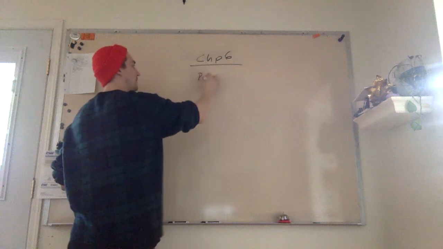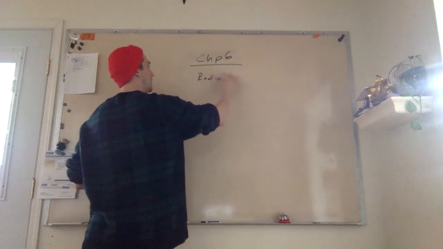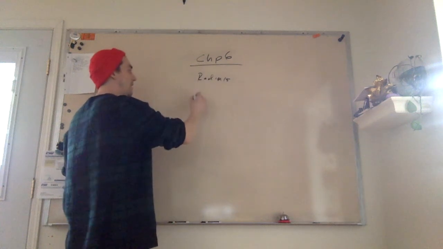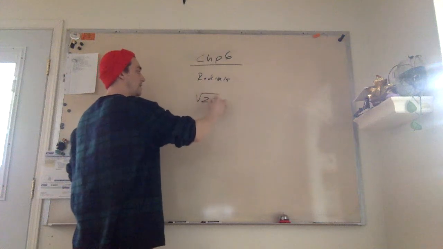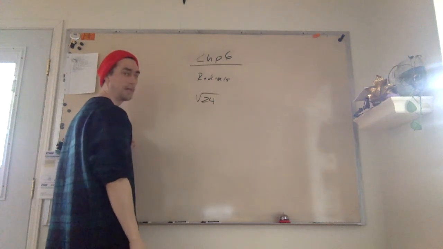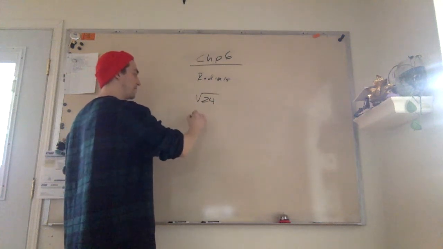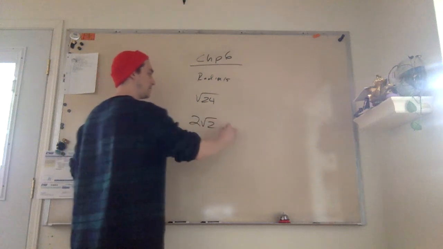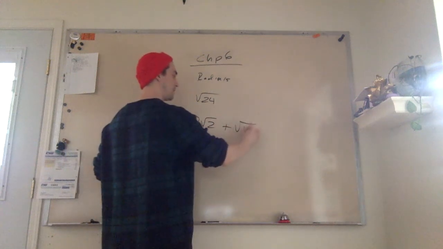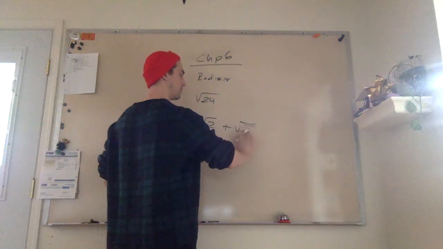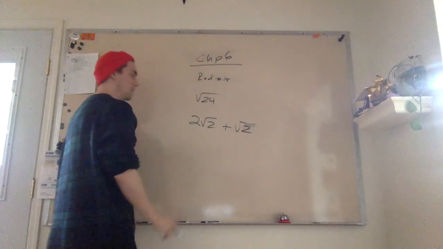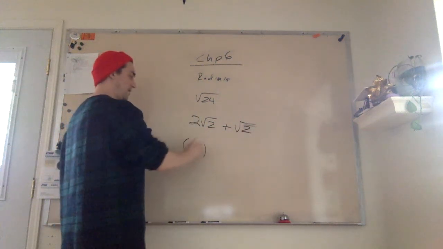So Chapter 6 was all about radicals. You got pretty much everything down. How to simplify radicals using factoring, how to add and subtract radicals if they're the same. How to multiply radicals.